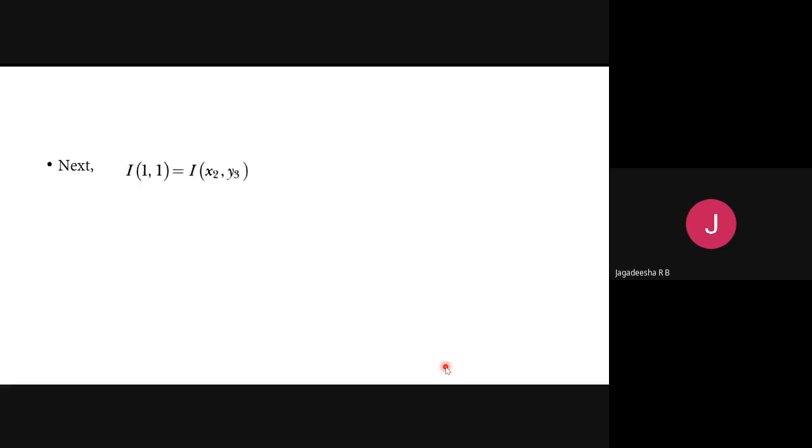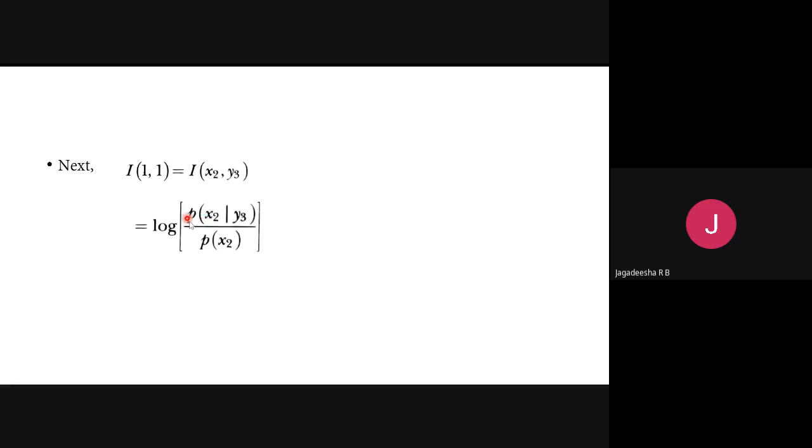The next part is the case 1, 1. So that's what? Information of x2 y3. That means how do you get 1, 1? I explained this at the very beginning of this question. You are transmitting x2, you are getting y3. Basically, at x2 you will be transmitting 1, and you will be getting 1 at y3. So your input is 1, that is x2, and your output is y3, that is 1.